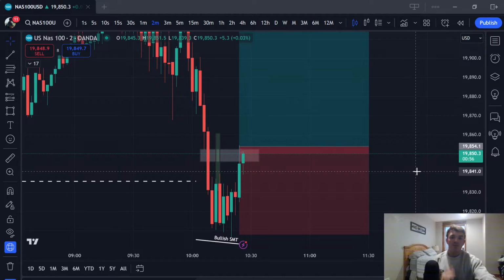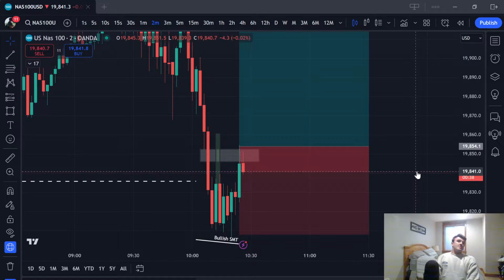Okay. We got a minute left till this candle body closes. If we can get above the gap, then we'll be looking good. Not there yet. This is looking really, really, really good.